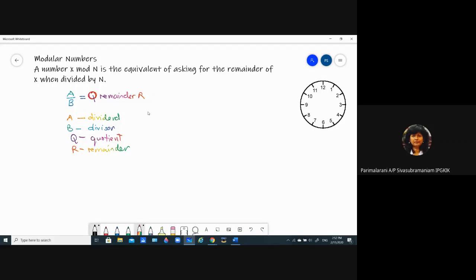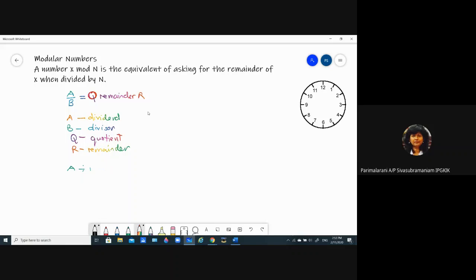But sometimes we are only interested in the remainder when we divide A over B. In this case, we cannot write A divided by B is equal to R. This will be wrong.